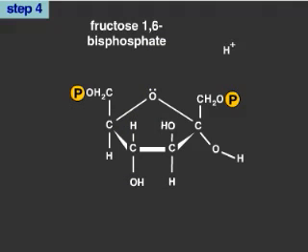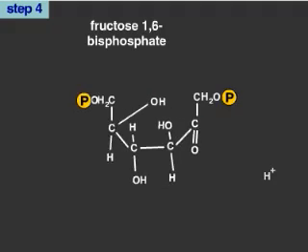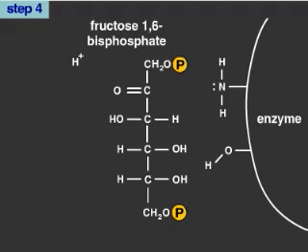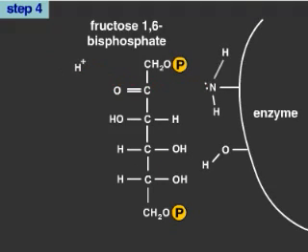Step 4 of glycolysis begins with the opening of the ring form of fructose 1,6-bisphosphate into its open chain form. In this step, the enzyme aldolase cleaves fructose 1,6-bisphosphate into 2 molecules.